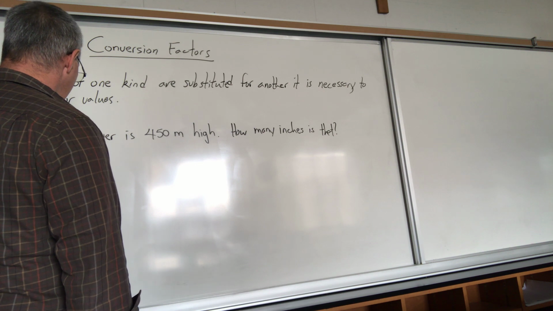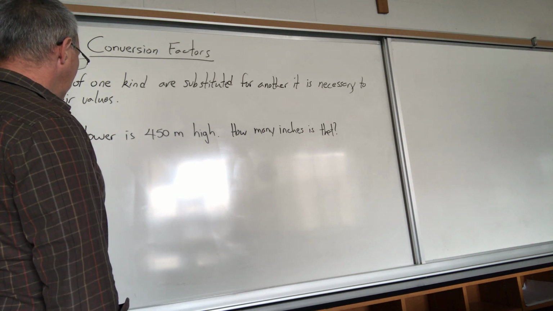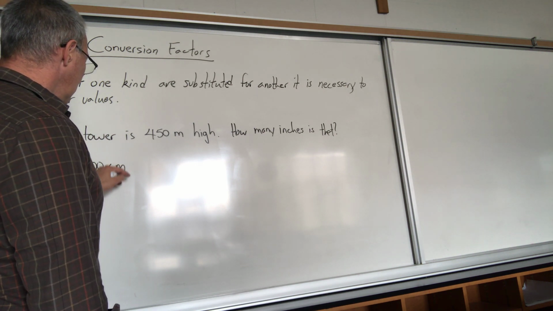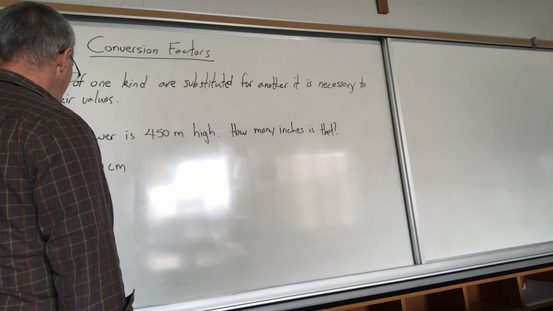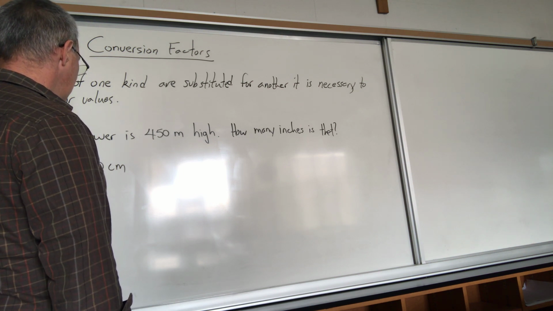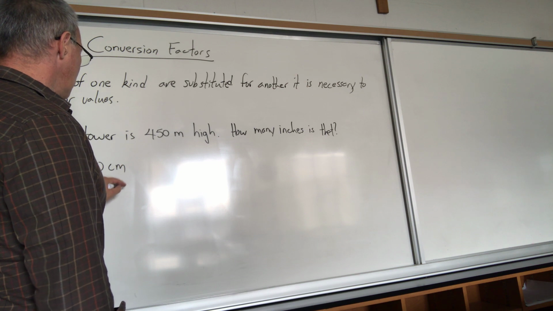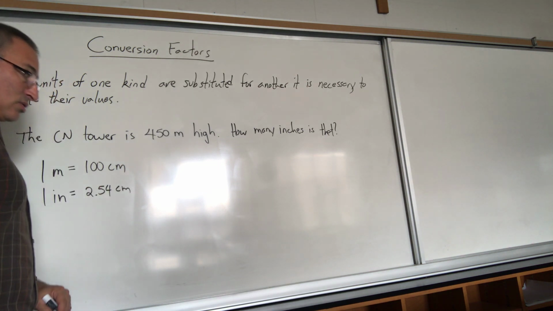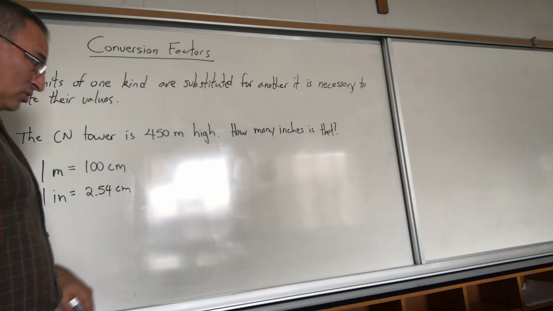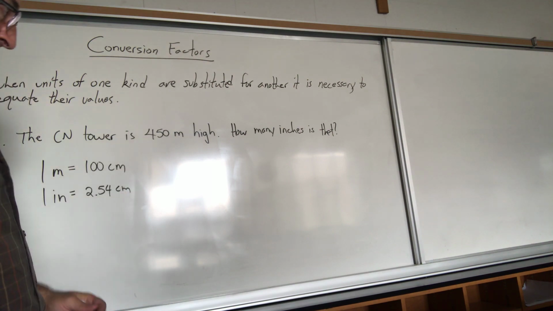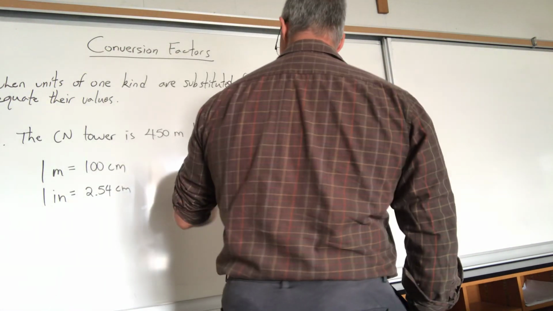First of all, you need to know that 1 meter is equal to 100 centimeters. And you also need to know that 1 inch equals 2.54 centimeters. If you know those 2 conversion factors, you can use them to change your number of meters into inches. This is how you do it.